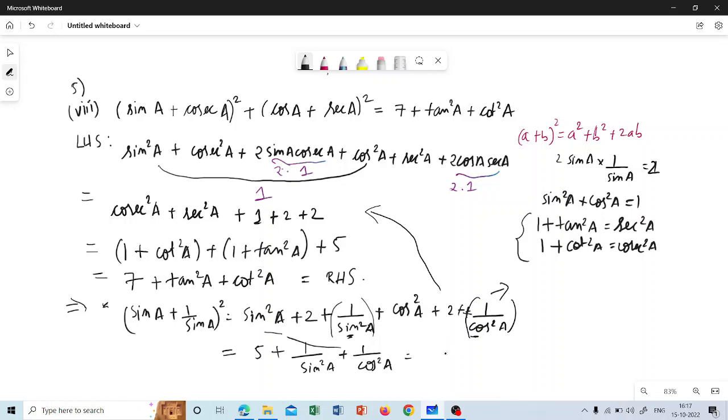So now I can write 5 sin square a cos square a plus 1 plus cos square a plus sin square a, divided by sin square into cos square.